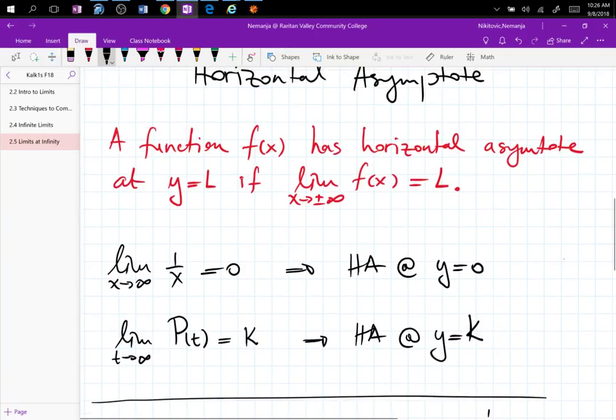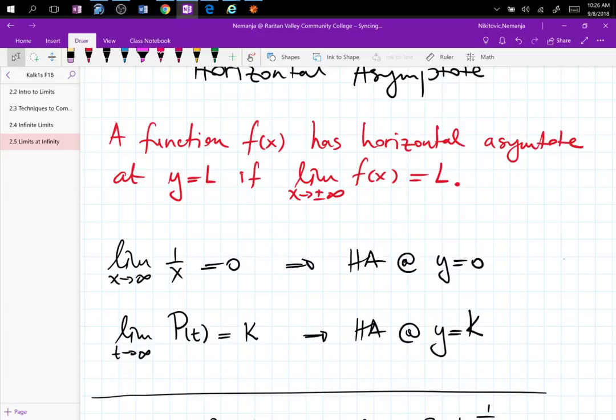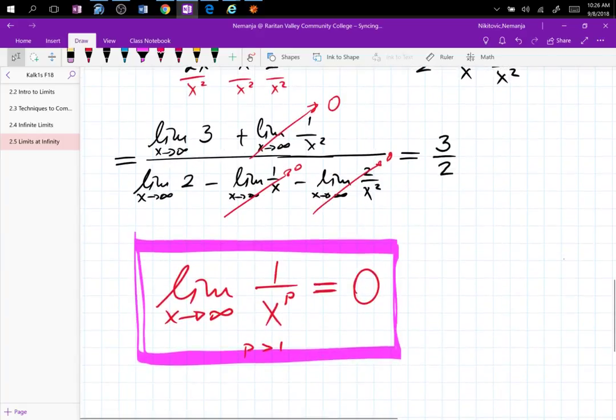This also clearly works there, because this exponent over here is x to the 0 and this is x to the 1. So bigger exponent in the denominator and you get 1 over x, and then by the red formula it goes to 0. So you can do these limits one by one. I believe they have an interesting example.